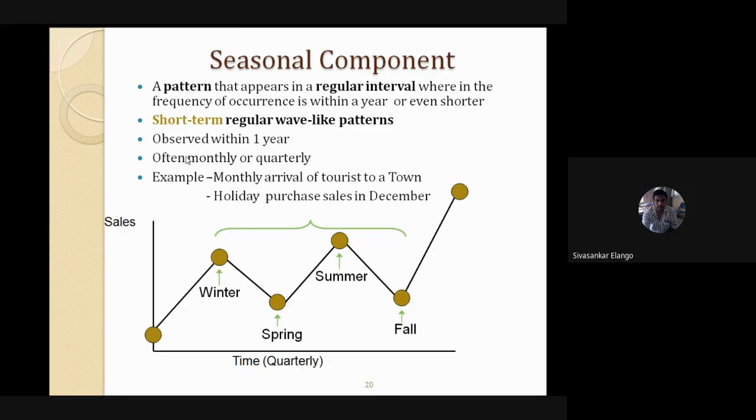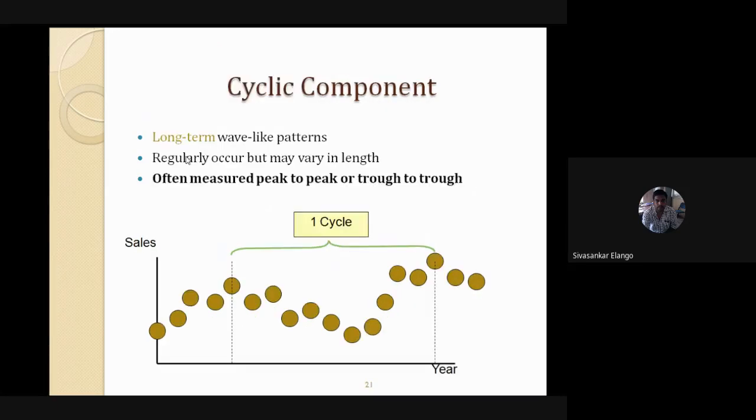School uniforms will be sold very commonly in the month of June, and similarly during the festival season you have an increase in sales in textile supermarkets. So you can record these short wave-like patterns. Initially the sales will be very low, then gradually it moves up, reaches the peak, and again it falls down. You have wave-like patterns. It's known as the seasonal component in time series analysis.